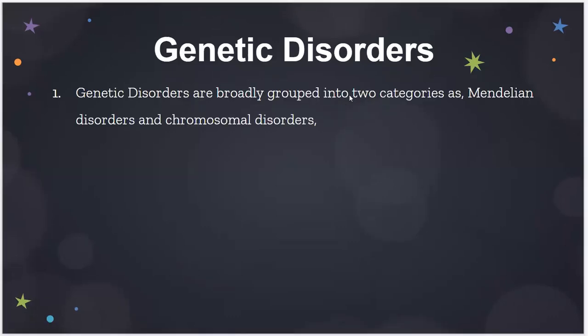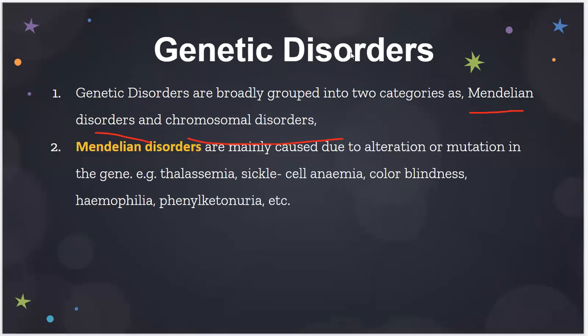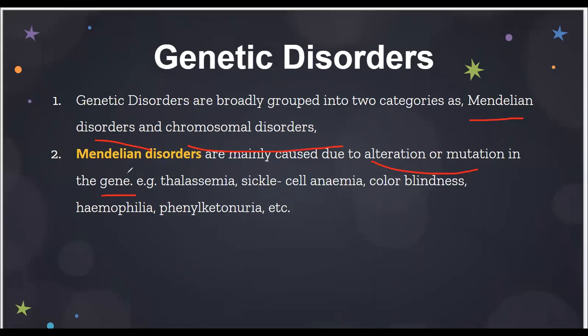Genetic disorders broadly can be classified, as I just briefed you, into Mendelian disorders and chromosomal disorders. What about Mendelian disorders? Basically, these are due to the alteration or mutation in a specific gene. Let's say, for example, on chromosome 11, the gene which is responsible for making the hemoglobin protein, which is required to make the RBC.